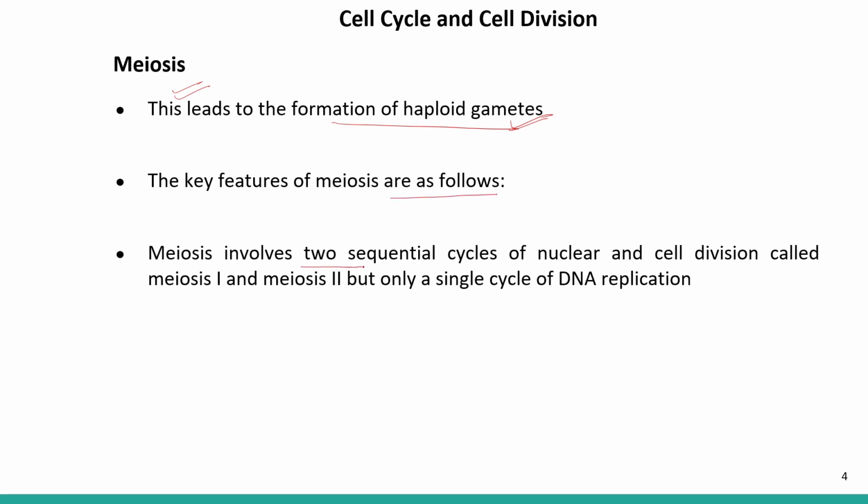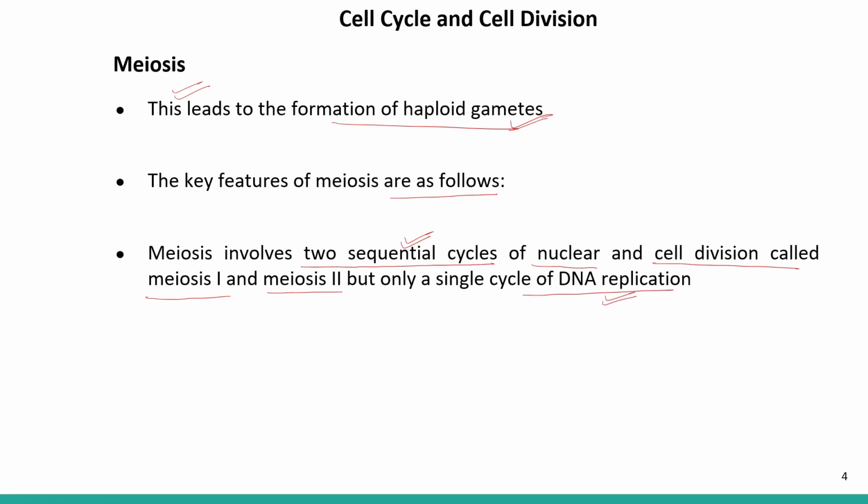Meiosis involves two sequential cycles. We have seen that mitosis has one cycle. Here we will have two sequential cycles of nuclear and cell division, called meiosis 1 and meiosis 2, but only a single cycle of DNA replication occurs.